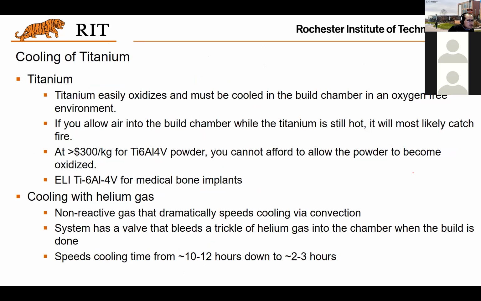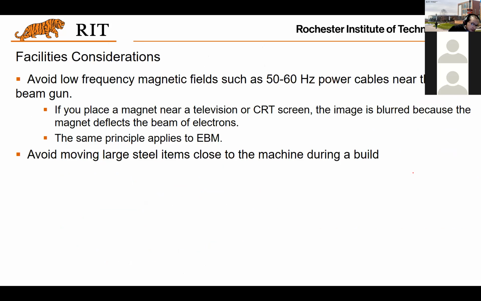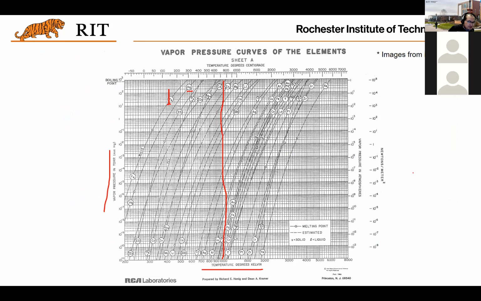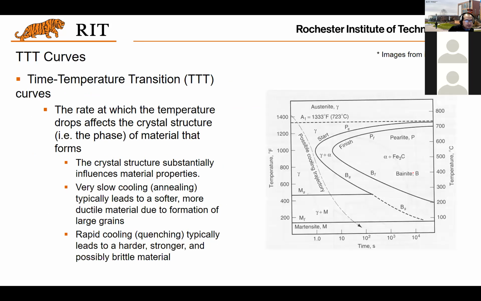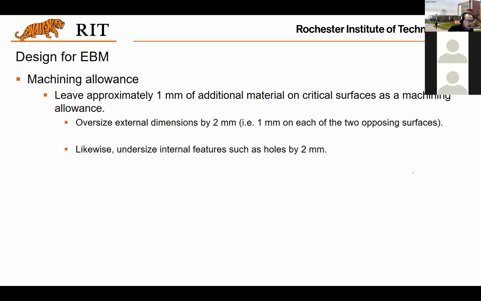I think you don't need to pay too much attention to these ones, but this chart, this form, is very important. Here it shows you some post-processing, like the loose powder handling, some of the cleaning, and so on and so forth, right?